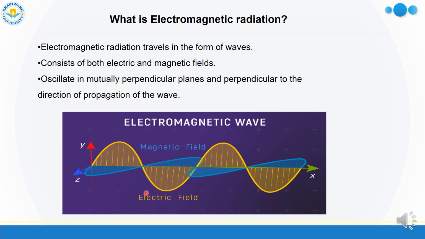So the electric field and magnetic field, two different waves, are perpendicular to each other. Now, this is the propagation of light. The direction of propagation of light is perpendicular to the magnetic field as well as the electric field. Propagation of light is the direction of movement of light.